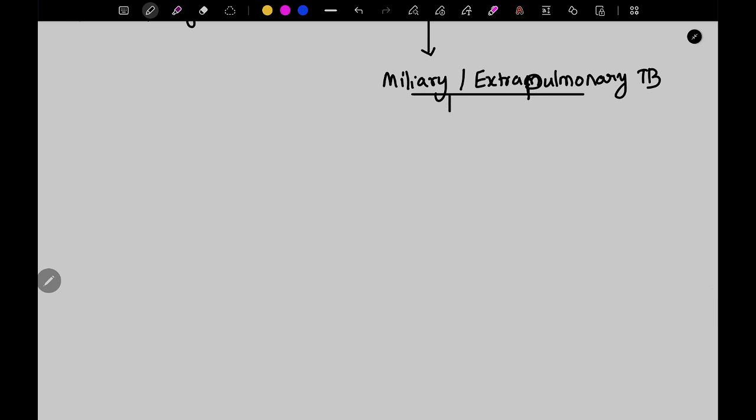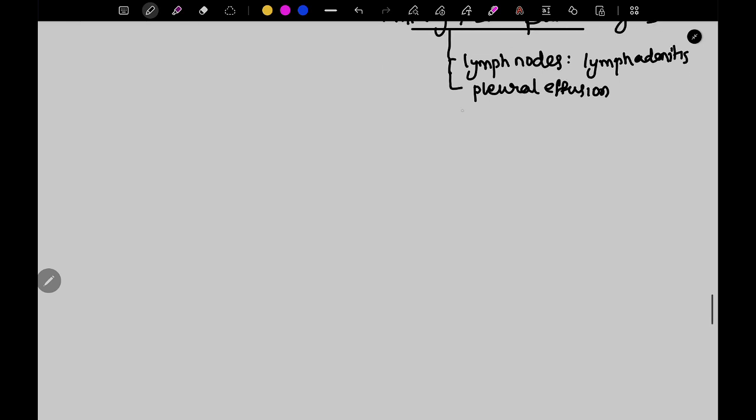These bacilli can spread to other organs like lymph nodes and cause lymphadenitis. It can spread to the pleura and cause pleural effusion. It can spread to the CNS and can cause tuberculous meningitis. These can even spread to bone and spine.